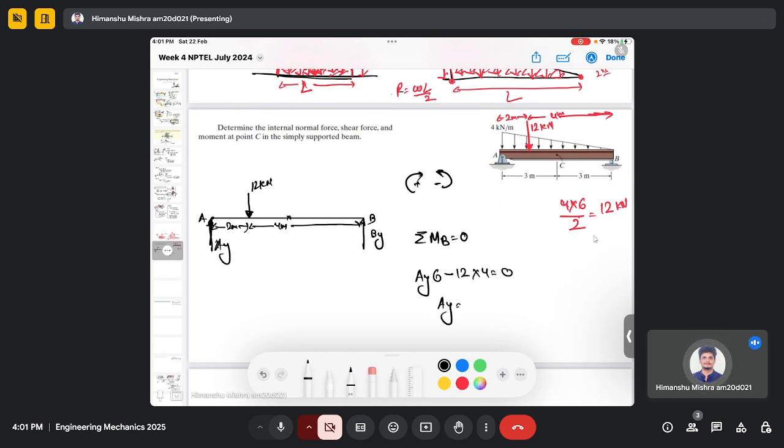So AY will be 12 into 4 by 6. So it is 8 kilonewton. So AY is 8 kilonewton.